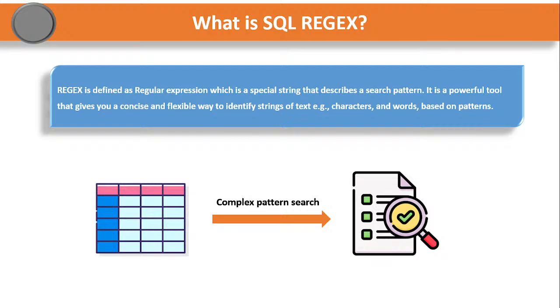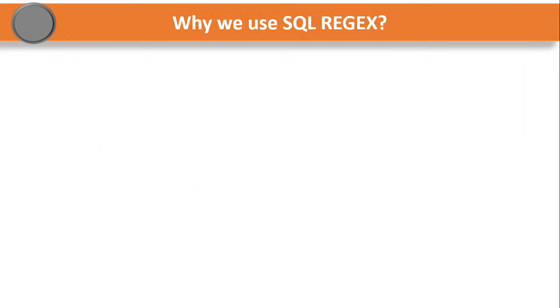A pattern describes what the text to identify looks like, and it could be something quite simple, such as describing a 3-letter word or a 4-letter word, to something quite complex, such as describing an email address. It is a tool that gives you a concise and flexible way to identify strings of text, like characters and words, based on patterns.